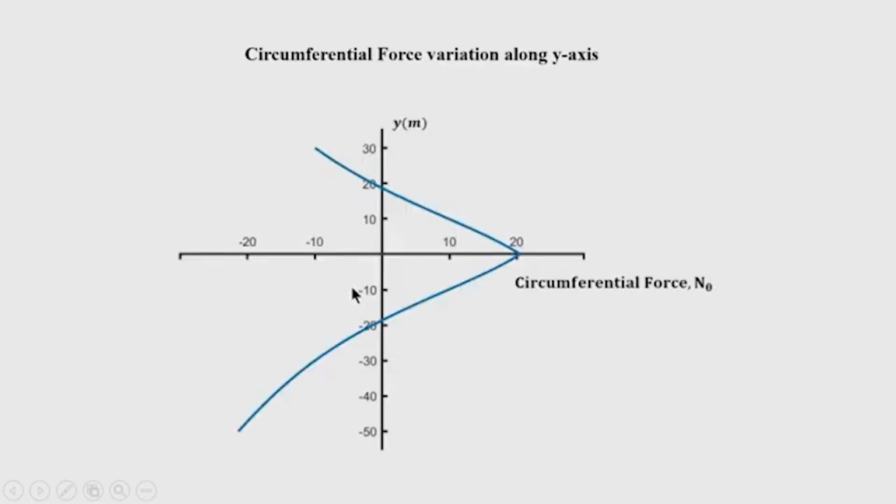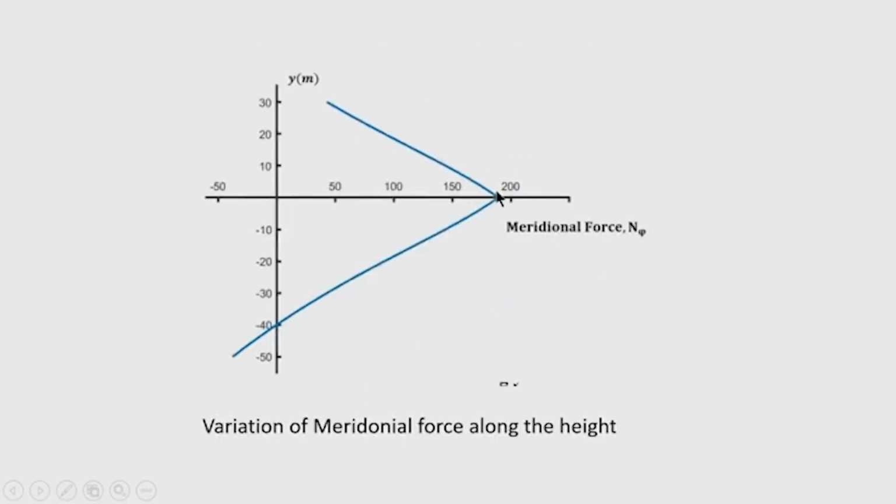So, 190, if it is a force in kilonewton per meter here, then in Newton per millimeter it will be 190 Newton per millimeter, and if the thickness of the shell is say 150, so 190 divided by 150. That ratio is far less than the permissible compressive stress in bending compression in concrete of grade M30.